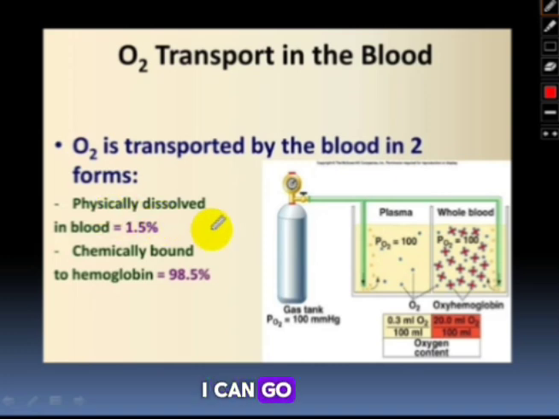The book you read says 3%? 3% against what? Is it blood or plasma? Plasma. 3%, then 97% binds to hemoglobin. Yes, that is why I said, look, there are ranges.